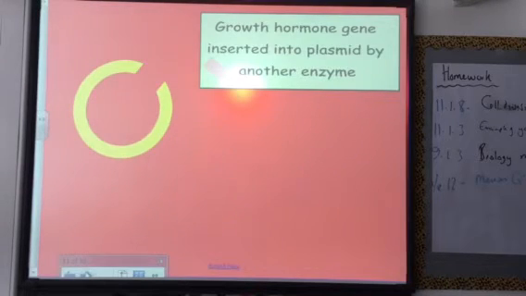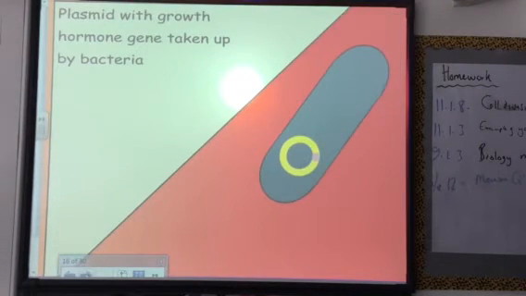So, that is what we do. We take that human tall gene, we insert it back into the plasmid, and the plasmid is then rejoined. We then put the plasmid back into the bacteria. Can you see there that the bacteria has now got that tall gene inside it?